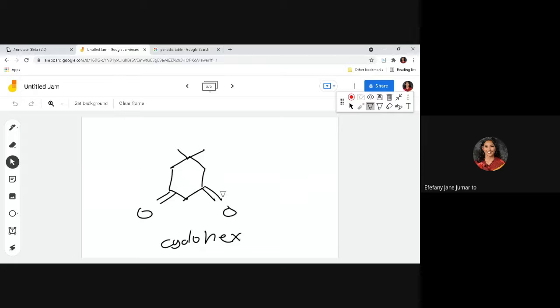Then, what about the type of chain? Ane. Hexane. Okay.